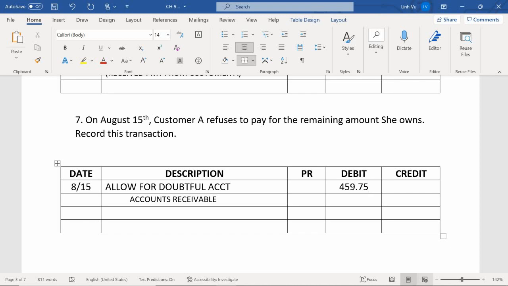Anybody else? Do we not include the tax? That does include the tax.